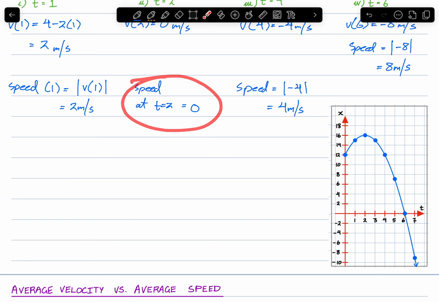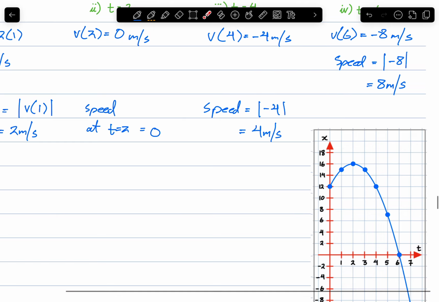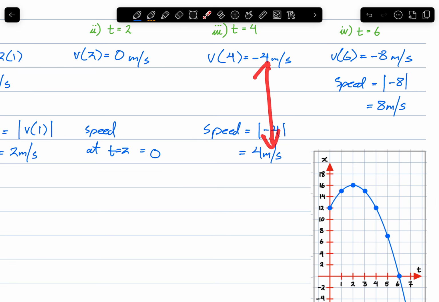Likewise, with a speed of 0, the driver or the particle knows that it is stationary, but it doesn't know which direction it is facing. Now, the difference in velocity and speed can be seen most when it changes in sign from negative to positive.